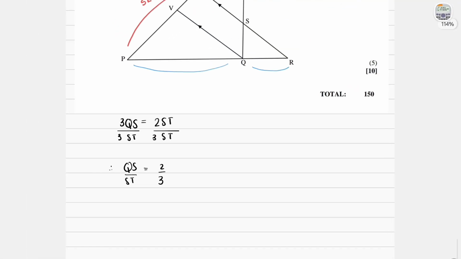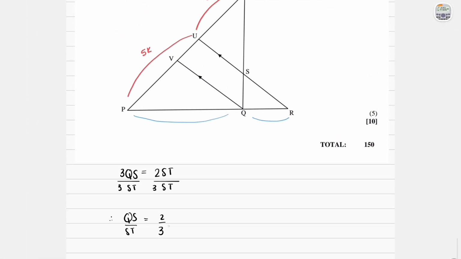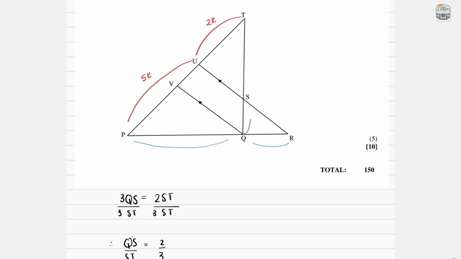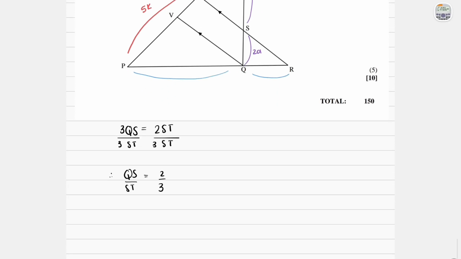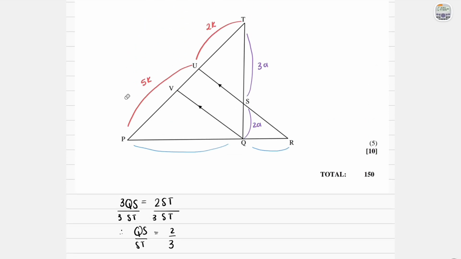And now we can also put down ratios for this as well. So this is QS, and since it's 2 over 3, we can call this 2A. And this is ST, which we can call 3A. Okay, so now that we have this, to make this simple, I'm just going to note down that we're going to be calling these sides these specific variables, okay?